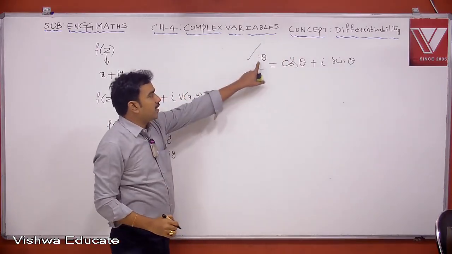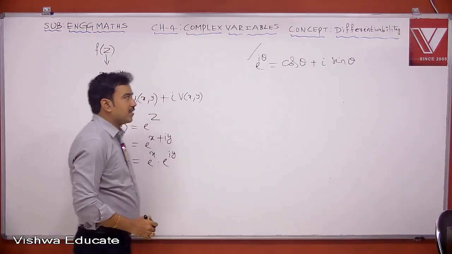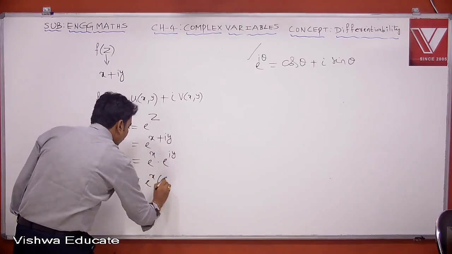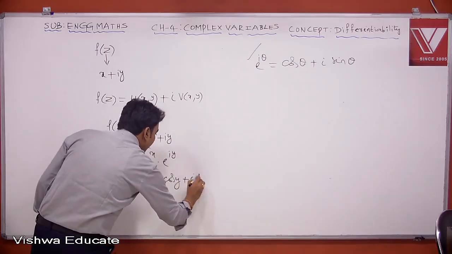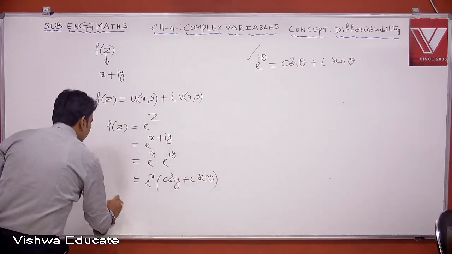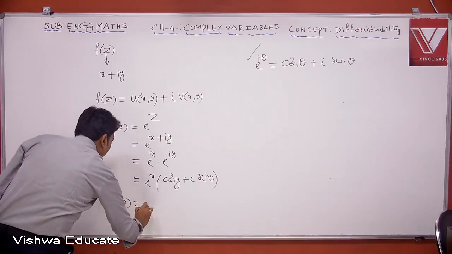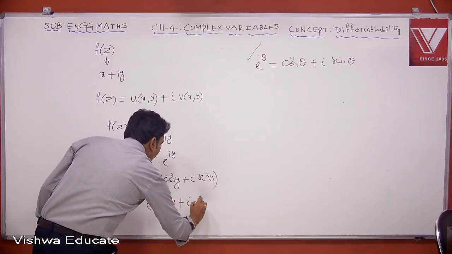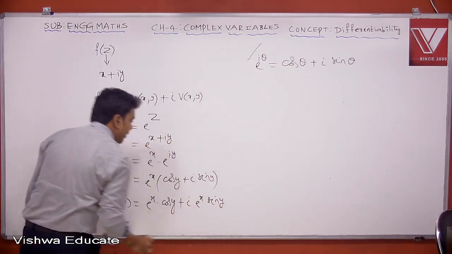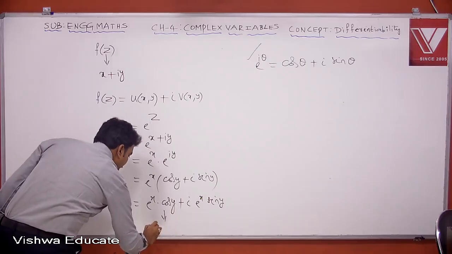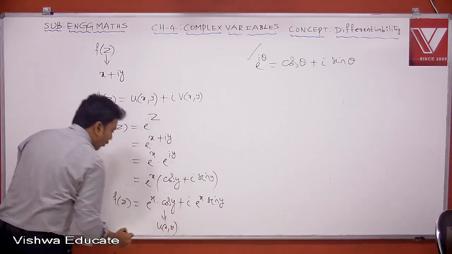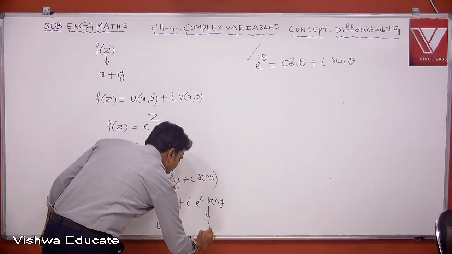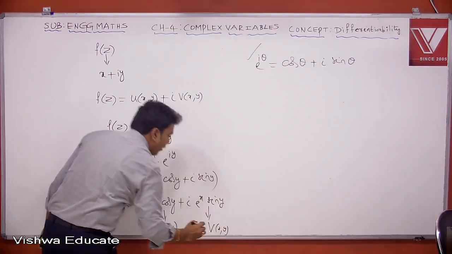Therefore in place of theta we have y. This is e power x into cos y plus I into sin y. Therefore f of z equals e power x into cos y plus I into e power x into sin y. Now this is my function u of x comma y, so u is e power x into cos y. And e power x into sin y is v of x comma y.